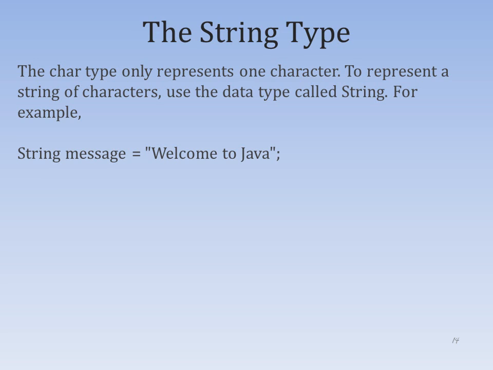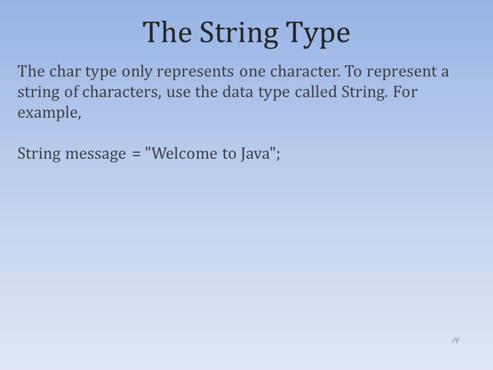And we call the string data type a reference data type, simply because it's a class. Any class can be a reference data type. So we will cover more on the string data type, the ins and outs of it, because as a class it has methods and properties that we'll explore.